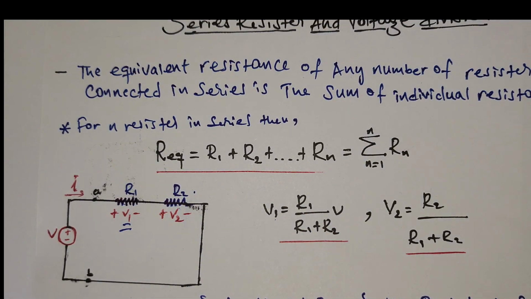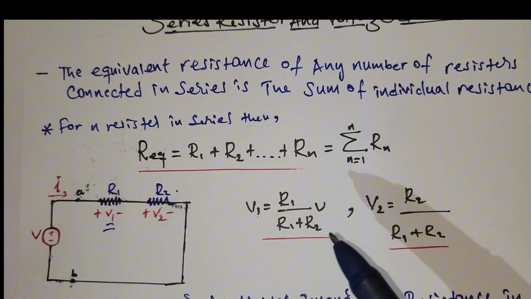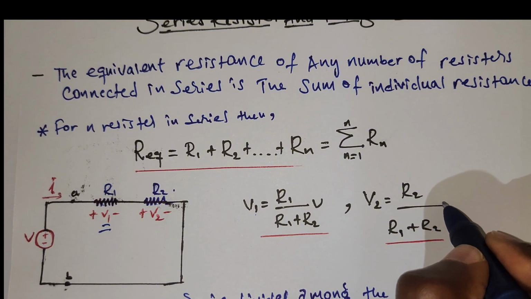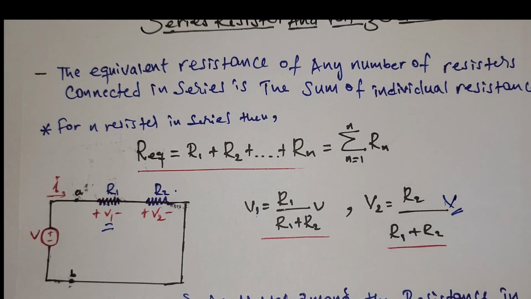If you have 3 resistors, we add those 3, times the supply voltage. This is the share of the voltage drop across R1. For V2, also, V2 is R2 over R1 plus R2, times the supply voltage.